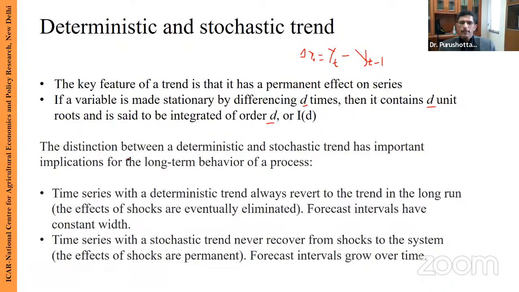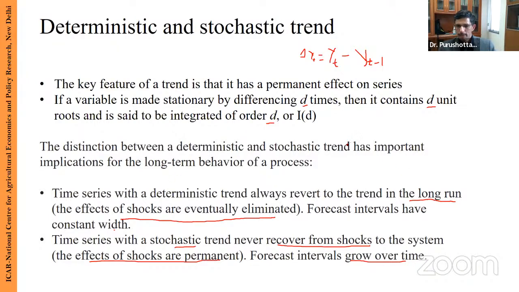And this distinction between deterministic and stochastic trend has important implications for the long-run behavior of the data generating process. So time series with a deterministic trend always revert to the trend in the long run. The effects of shocks are eventually eliminated, and forecast intervals have constant weights. While time series with stochastic trend never recovers from the shock to a system, the effects of shocks are permanent, and forecast intervals grow over time.